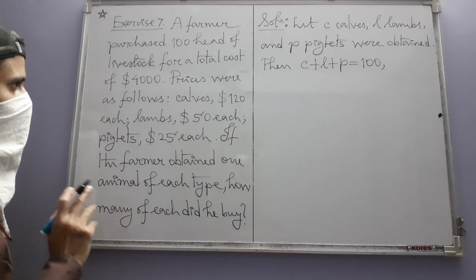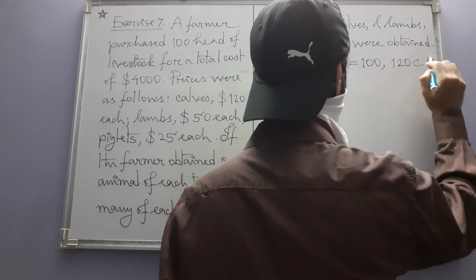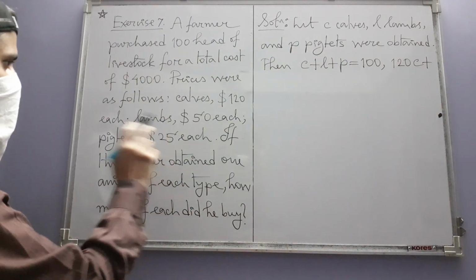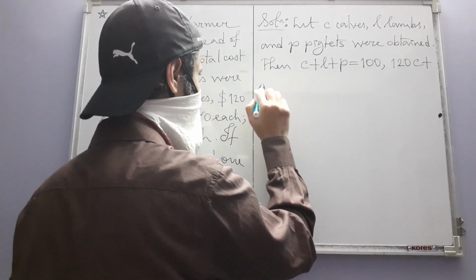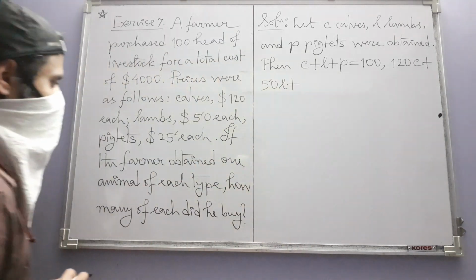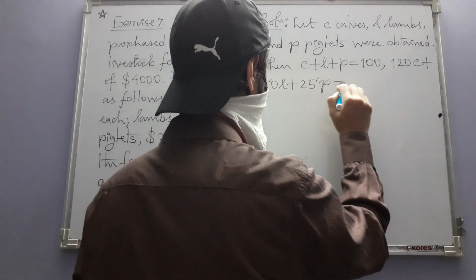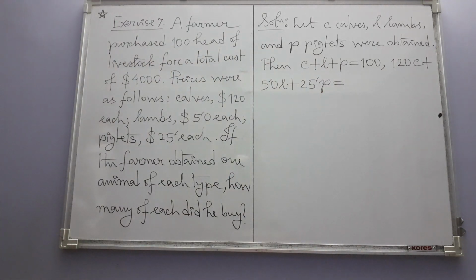$120 for calves. So 120C plus 50 for lambs, 50L, and 25 for piglets, P equal to $4,000.